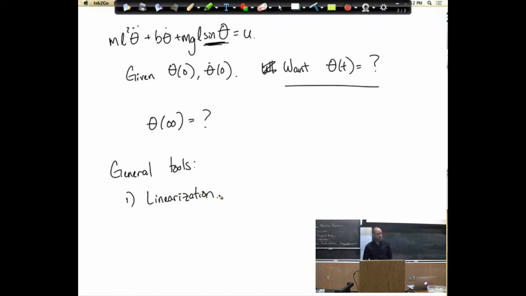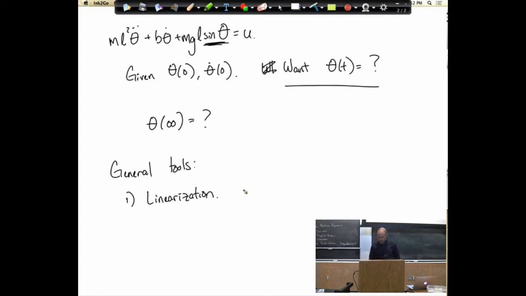If you just care about the behavior of this system in the vicinity of some particular point, I could take that equation and linearize it, make an approximation of sine using a line. And then I get a linear differential equation which I could solve. That's certainly one powerful tool that we're going to use for even complicated robots.